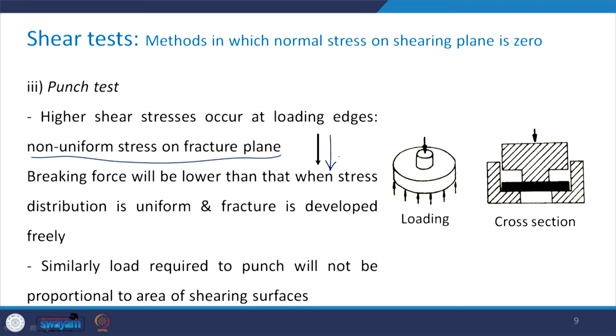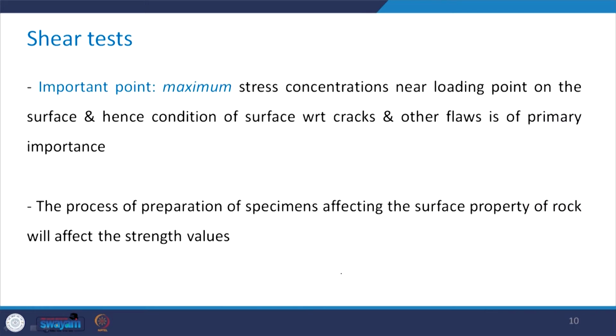So, similarly, load required to punch will not be proportional to the area of the shearing surfaces. So, these are some of the limitations of the punching tests.